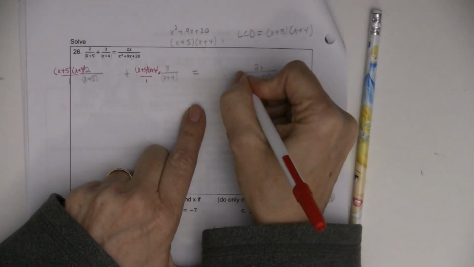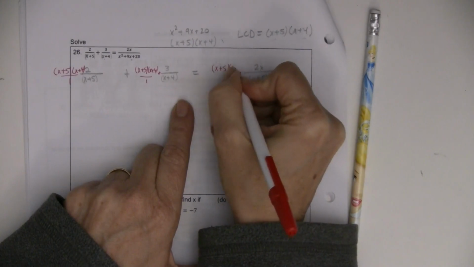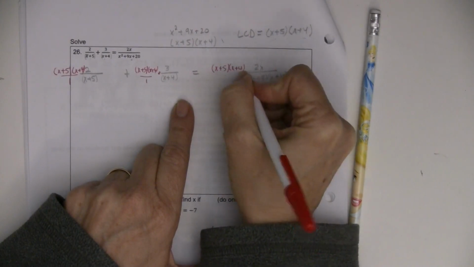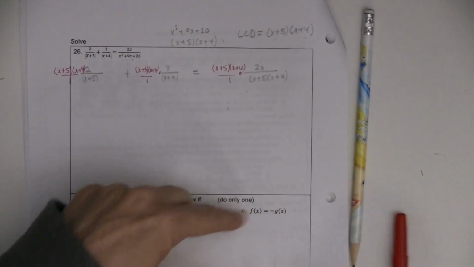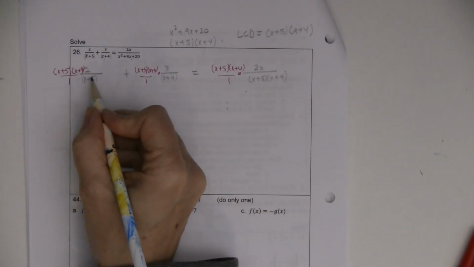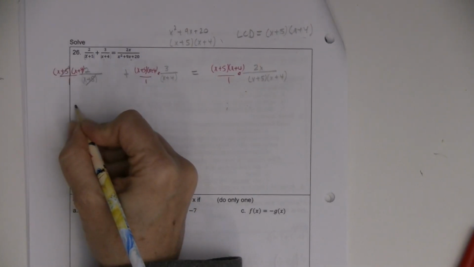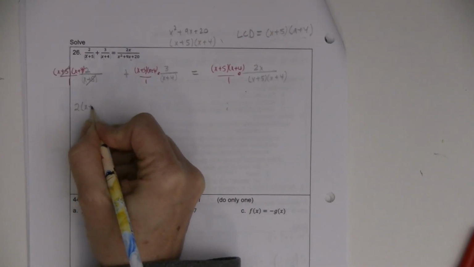So multiplying, notice all 3 terms, x plus 5, x plus 4, over 1. And I'm here to reduce. And what reduces from here is the x plus 5. There's one in the top and there's one in the bottom. And that leaves 2 times x plus 4.